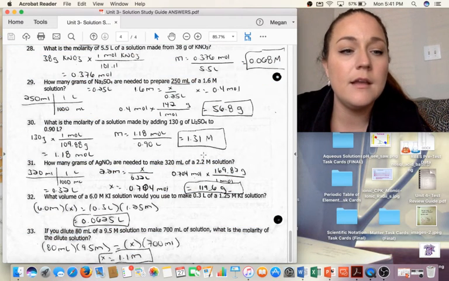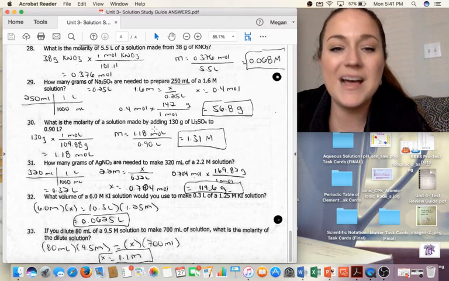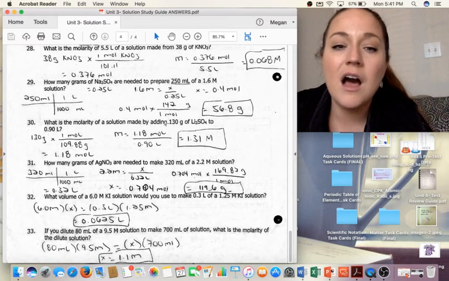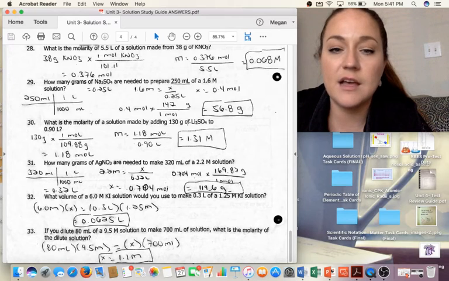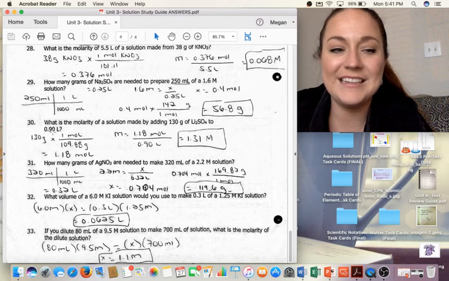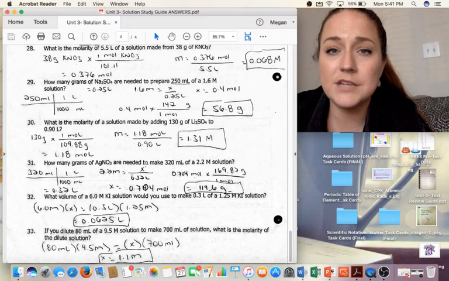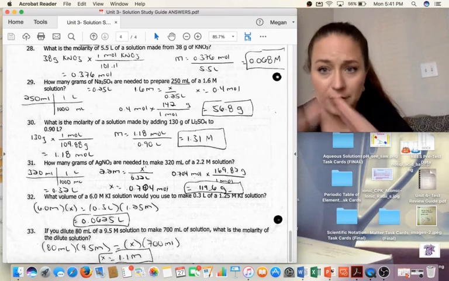All right, number 30. What is the molarity of a substance made by adding 130 grams of Li2SO4 to 0.9 liters? This is going to be a pyramid again, a triangle.